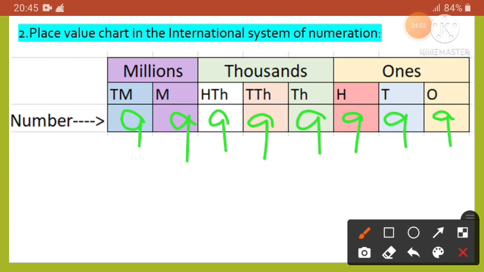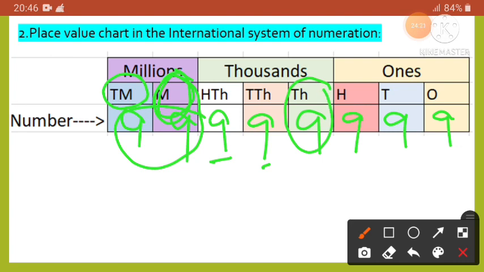In words, in the international system of numeration, it is under ten million and starts with the million, so you can say 99 million 999 thousand 999. And if you want to put the commas in the appropriate places, we write 99,999,999.